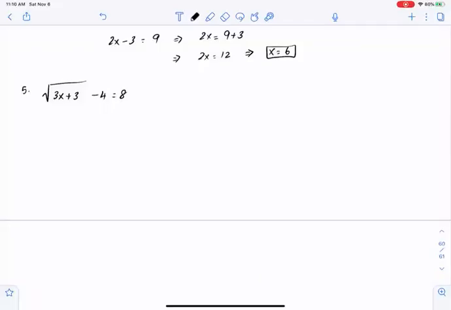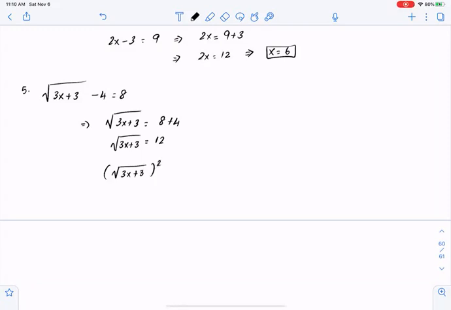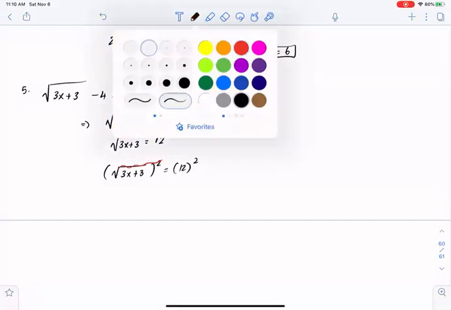So I'm going to move the number to the other side. So I'll get 8 plus 4, which is 12. Now I have a radical on one side, number on the other. I am going to square on both sides. The root and the square will get cancelled.